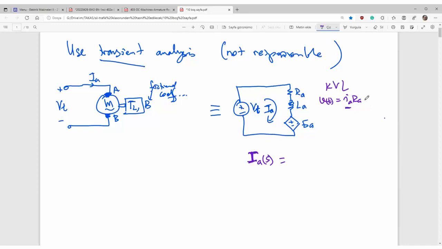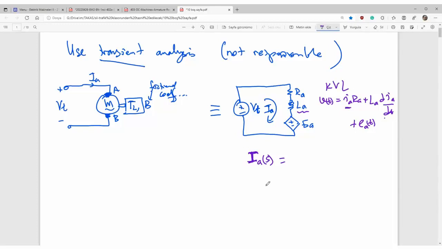And then here is the inductance, so La times di over dt, that is the induced voltage across the inductor due to current change, plus the armature EMF with respect to time, because there is a speed change. Due to speed change, there is an electromotive force change.